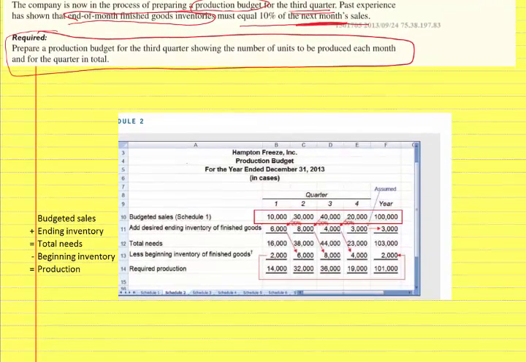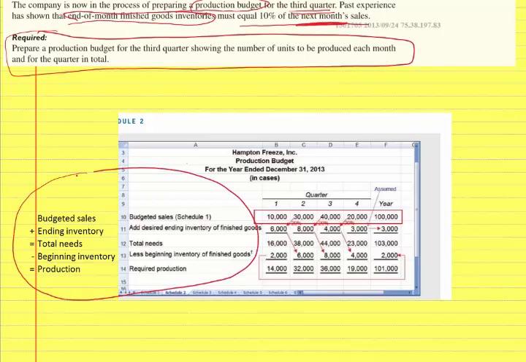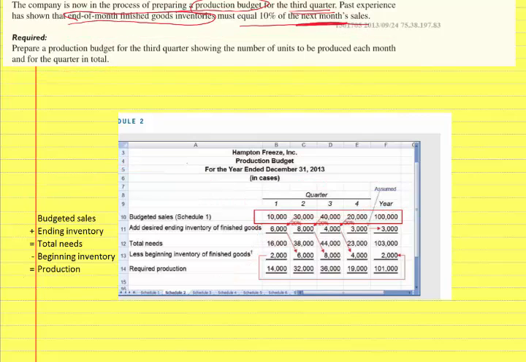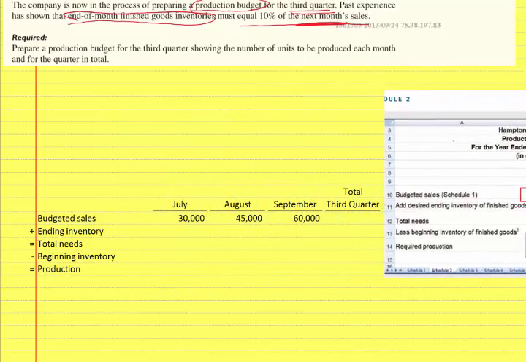I've set up a schedule just like the one in the book, just like this. And the example in the book, Schedule 2, shows the first quarter, second quarter, third quarter, and fourth quarter, and then a total for the year. We're going to show July, August, and September, and the total for the third quarter. So let's move this out of the way.